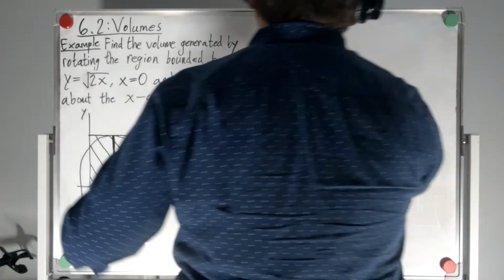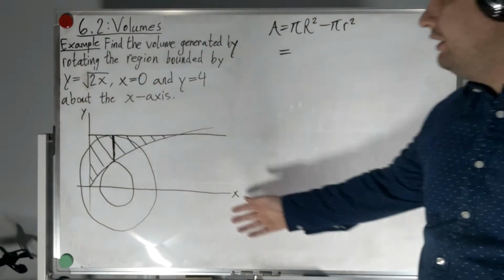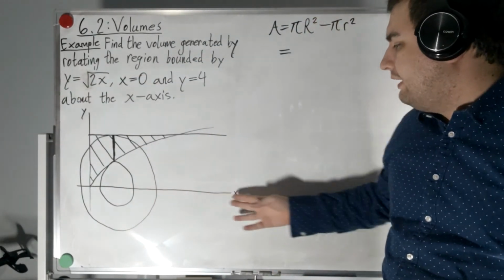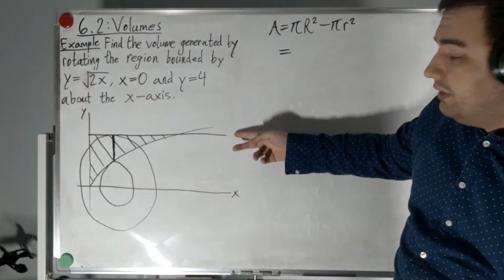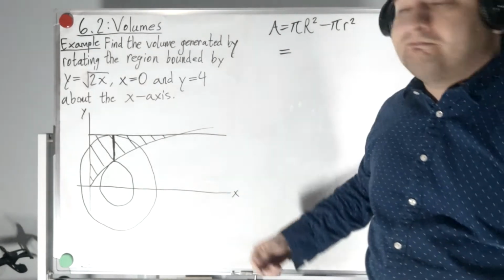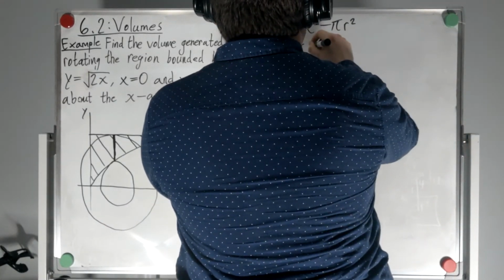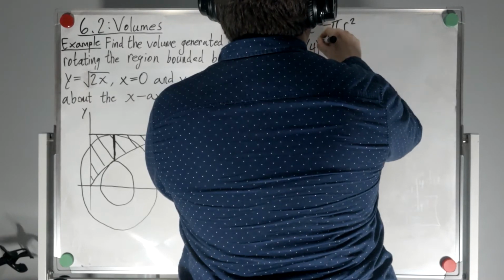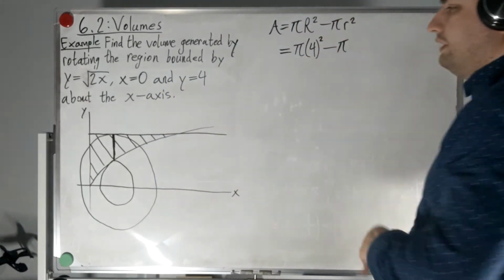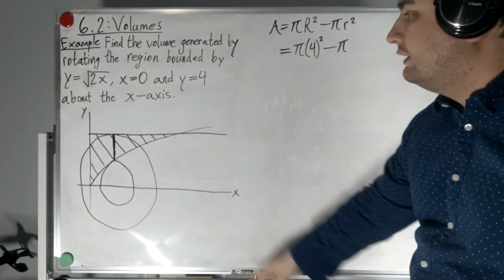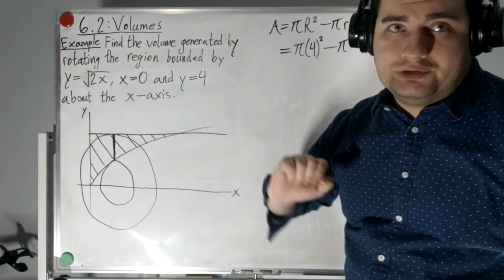Now, the outer radius, well, that would be the radius that's further away from the axis of rotation, so further away from the x-axis. That would be y equals 4. So pi times 4 squared, then minus pi times, okay, the inner radius is going to be on this curve, so that's going to be the square root of 2x.